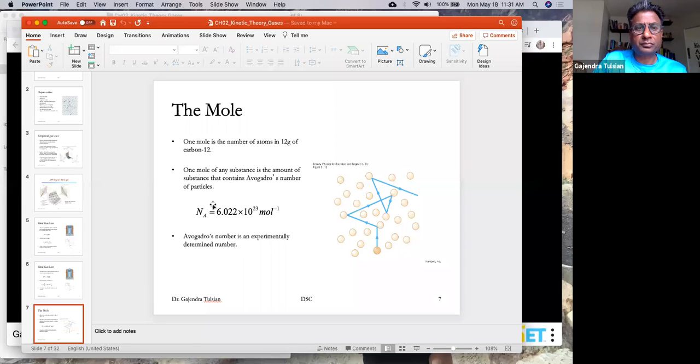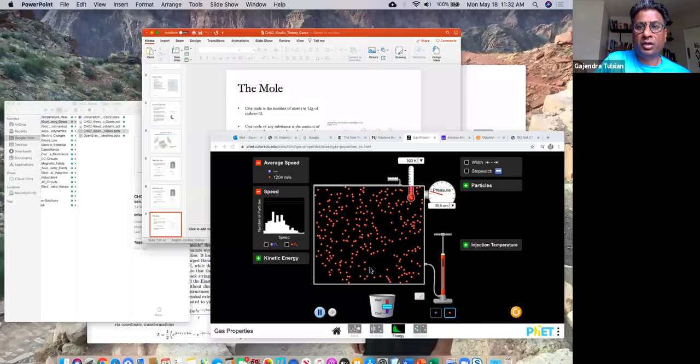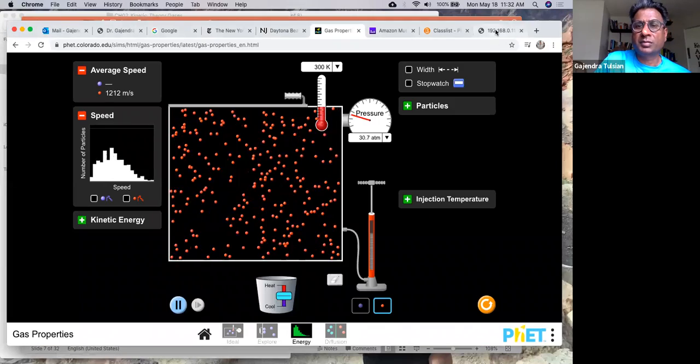One mole of any substance is that many particles of that substance, and that's Avogadro's number, which is an experimentally found number. You know from your chemistry classes how you figure out if you have a mole of some stuff.